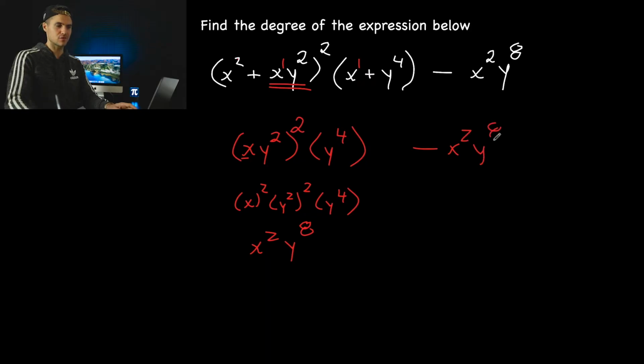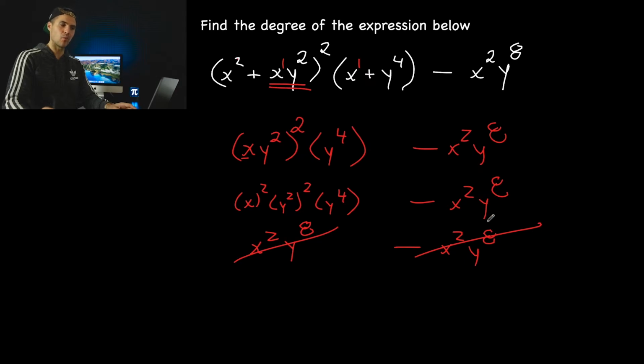So if you notice what happens, basically, if we were to expand this all, that highest degree term, x squared y to the 8 that we got from these two factors multiplied, is going to cancel out with that x squared y to the 8 that's floating around at the end, because there's a minus here.